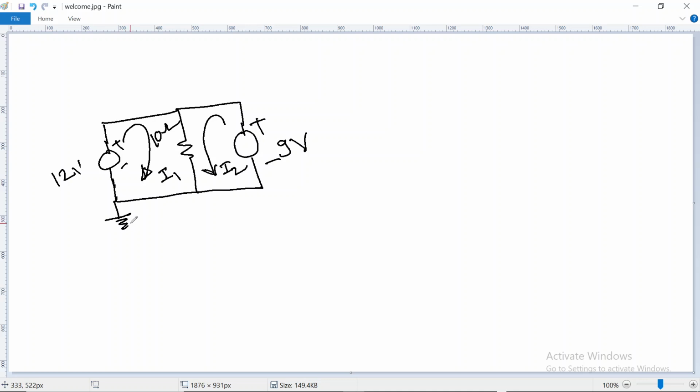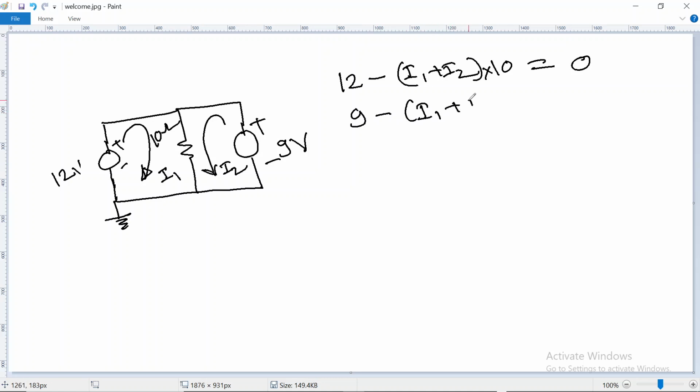Here this is the increase in voltage, therefore 12 minus (I1 plus I2) into 10, this drop, equal to 0. And the second equation is 9 minus (I1 plus I2) into 10 equal to 0.